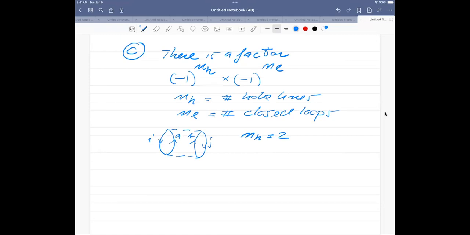And then we think of this particle-hole interaction, which starts at the same vertex and ends at the same vertex. This defines a loop. And we can see that when we do the contraction, that gives rise to a factor of -1. And then if we have 2 such loops, then we have a factor of (-1)^2. So that gives us a positive factor.